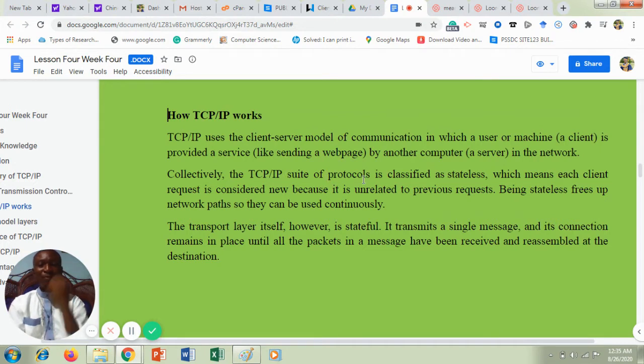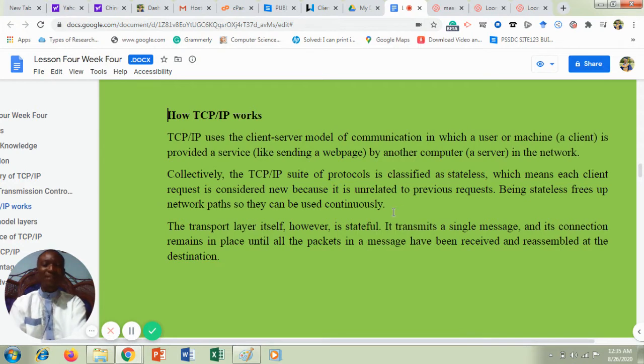TCP/IP is classified as what? Stateless. When we talk about stateless, it means that something is being renewed all the time. Each request is considered new because it is unrelated to previous requests. Being stateless frees up the network path so that it can be used continuously.